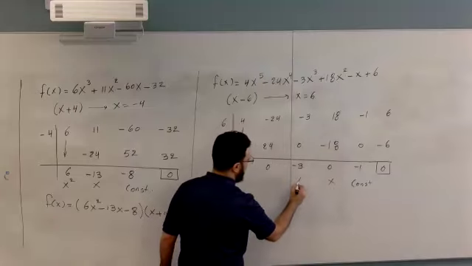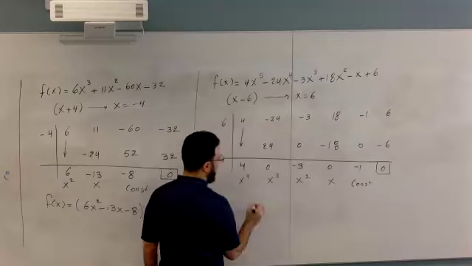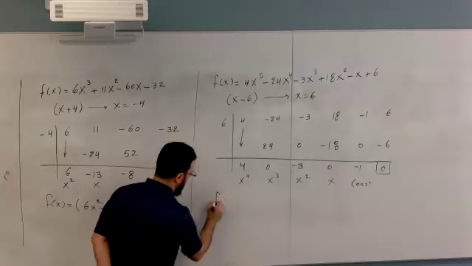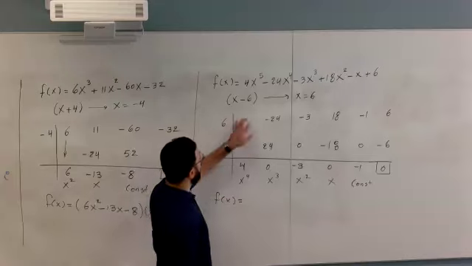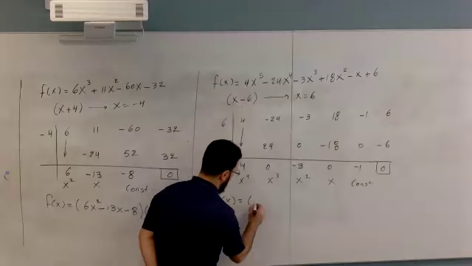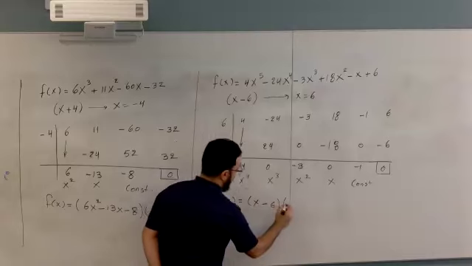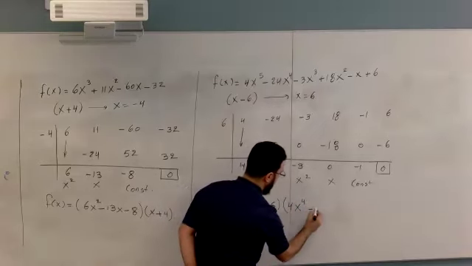So x cubed and x equals 4, right? Now let's write down. Alpha of x equals. I'm going to write down this first. Four x to the power, minus.